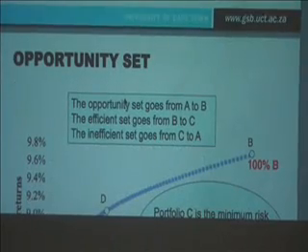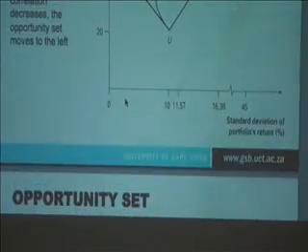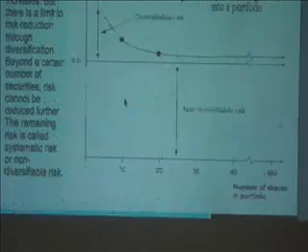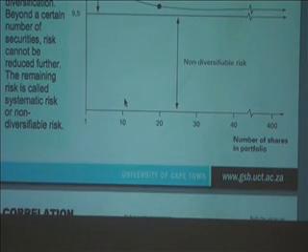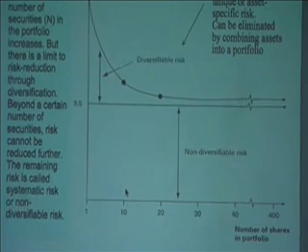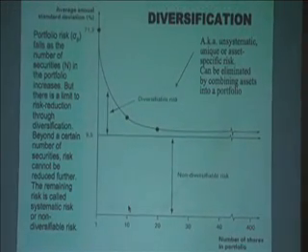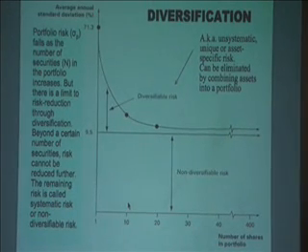Then we spoke about diversification and saying, well, if we add more assets to a portfolio, what happens to the risk? What this chart will show is that as you add more assets to a portfolio, your diversifiable risk decreases. How much it decreases is dependent on how correlated the assets are.